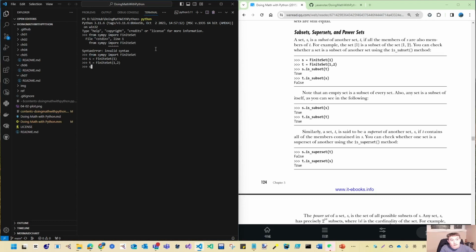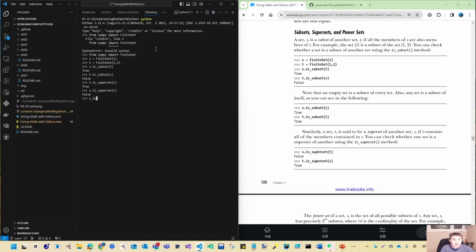So we can see S.is_subset(T) is true. T.is_subset(S) is false. But if we say T.is_superset(S), that is true. S.is_superset(T) will be false.